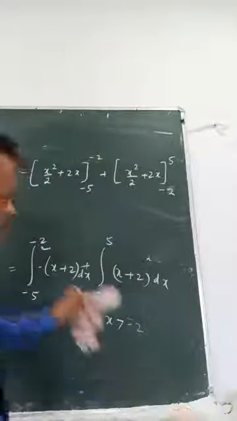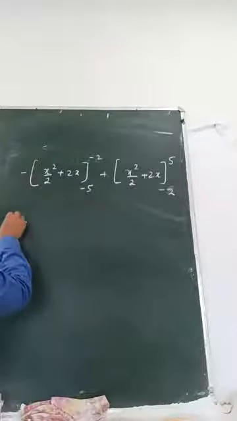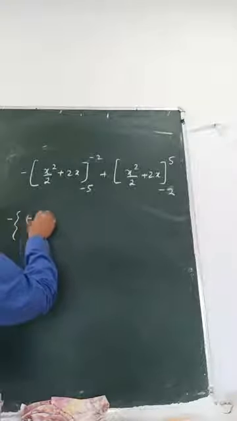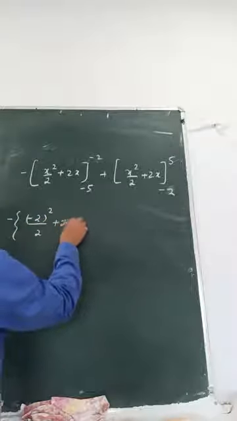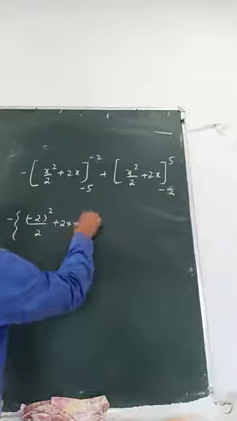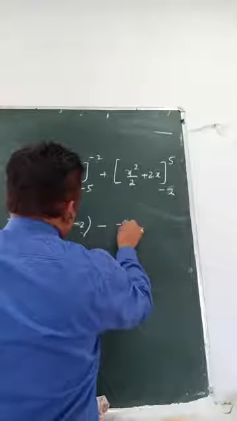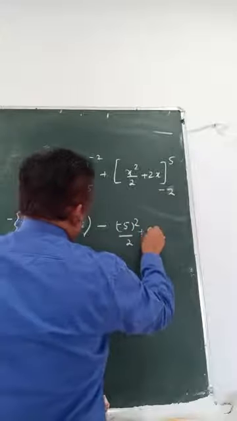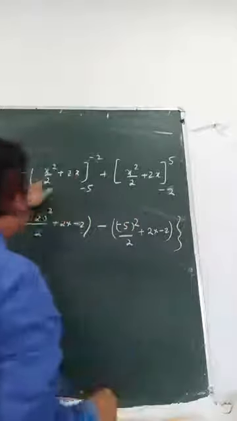Now put the upper value here. What will you get? Minus, this is minus 2 square by 2 plus 2 into minus 2, minus 5 square by 2 plus 2 into minus 2, this is this part.